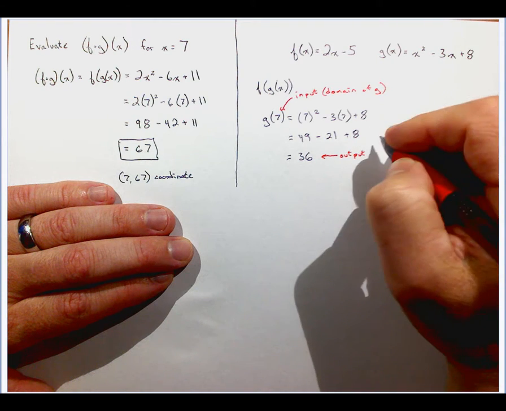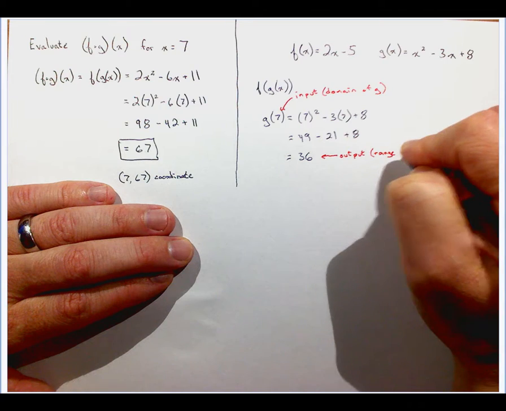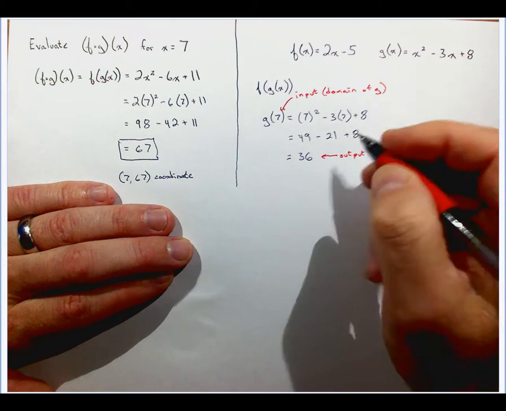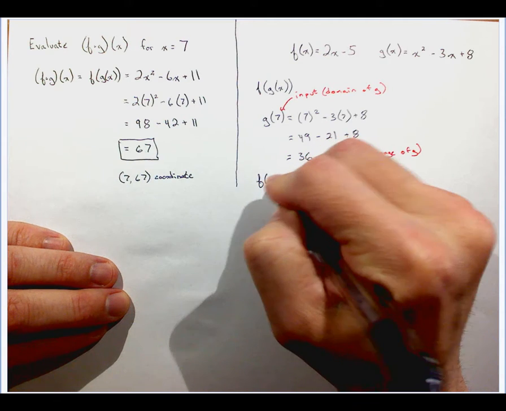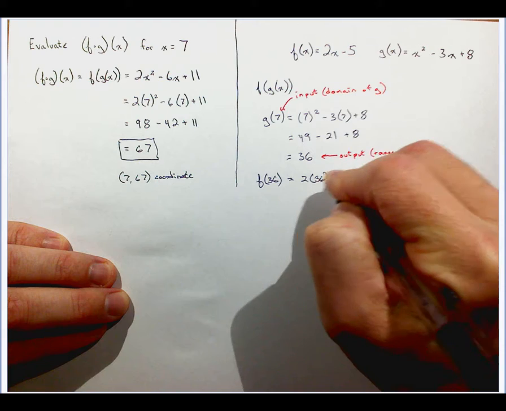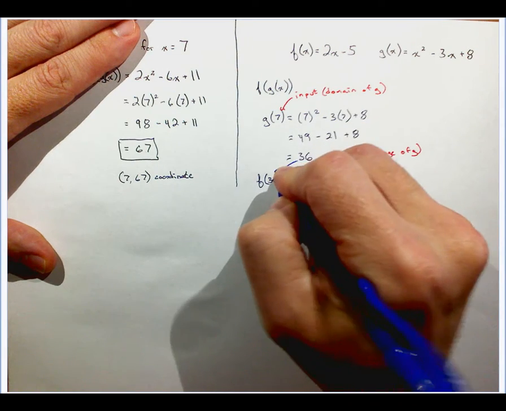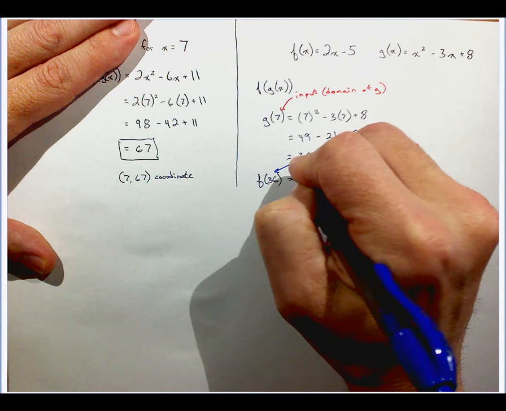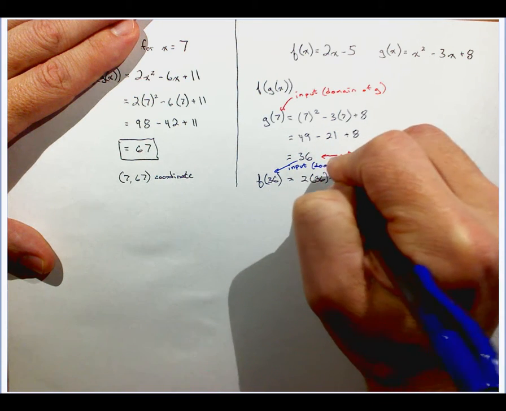It is the range of g. What it's getting ready to become, though, is input, because I'm going to plug that into f of x. So this is also input, which is the domain of f.